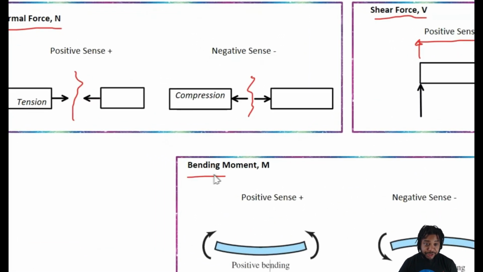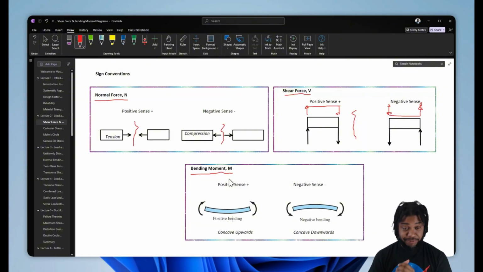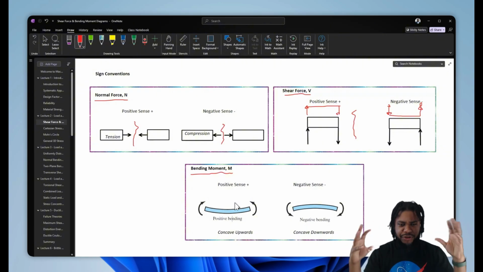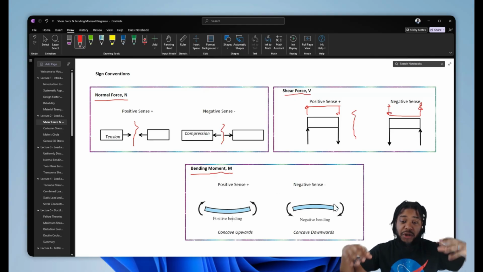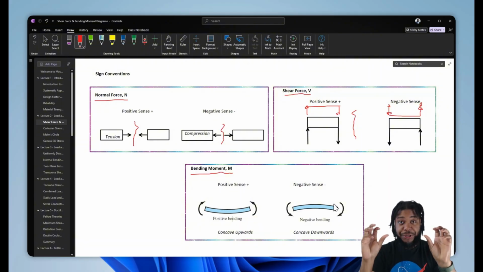Now, bending moments. Bending moments cause bending in our beam, cause a kind of change in shape of our beam. We'll find that positive bending moments cause a concave upward bend of our geometry. So our geometry wants to bend upwards, while negative bending moments cause a concave downward bending of our geometry, right?